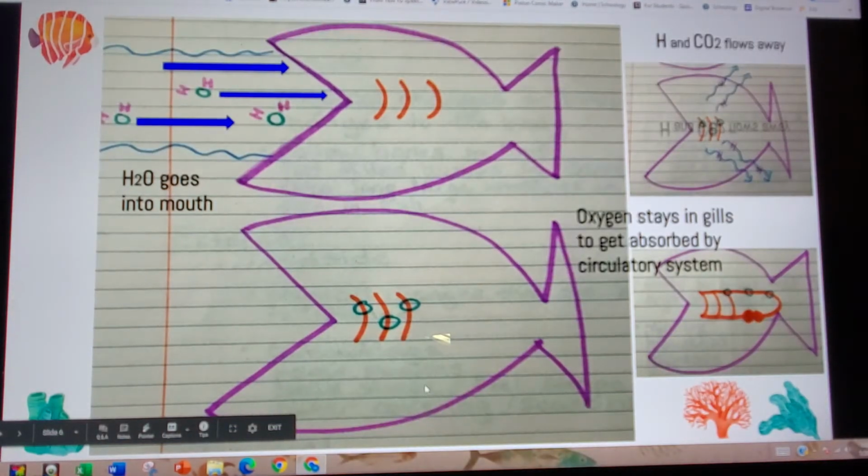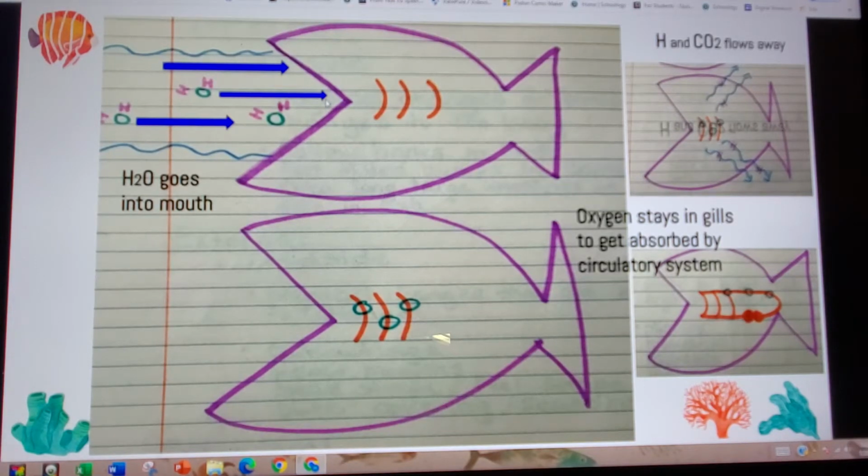Alrighty, so how does that look in cartoon form here? Well, as we're saying, here's H2O, and it is going into the fish's mouth, and it targets the gills that are here inside, but they're slits, they're opening as you saw.